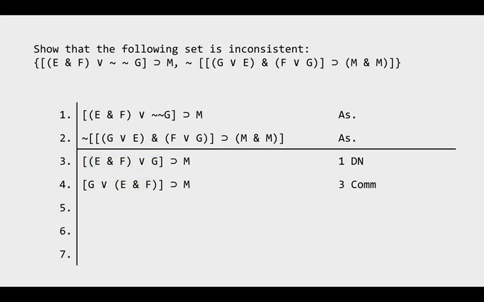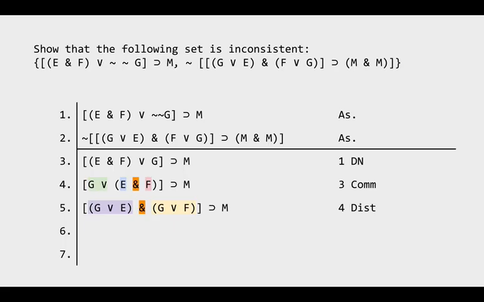Now, I notice that the expression in line 4 could be made to look like line 2 even more. There is a handy rule called distribution. And what I did here is take a look at the color coordination. Maybe it'll help you. From line 4, there is a section in green, it's G and a wedge, and I applied it to the conjunction in parentheses.